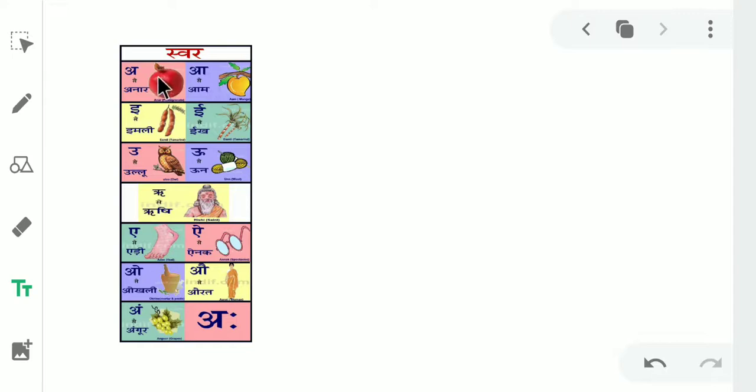So once again we repeat the vowels of Hindi, or you can say swar of Hindi: A, Aa, E, Ee, U, Oo, Ri, A, I, O, Au, Ang, Ah.